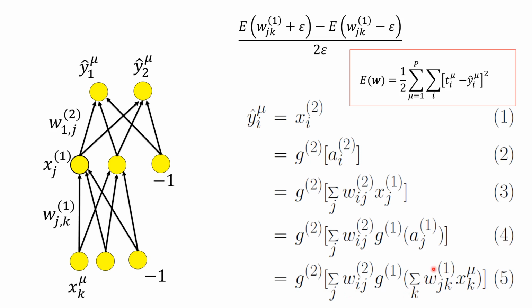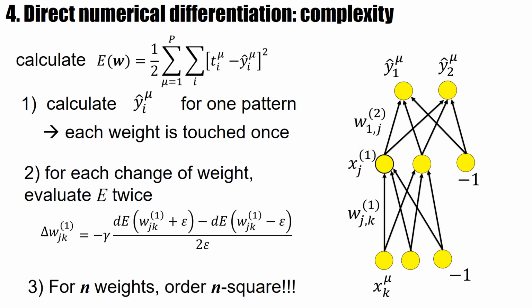And in fact, if you follow this over n layers, you would see each of the weights is touched in a sum exactly once. So if you just count the number of summation steps, then the order of an evaluation of the output is order n. So each weight is touched once.